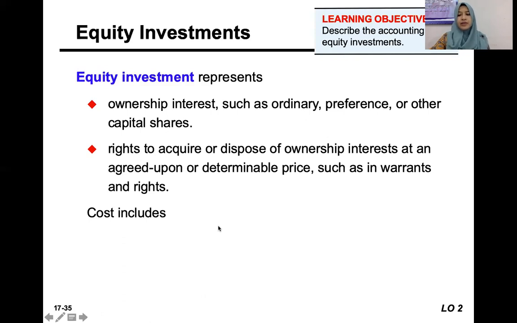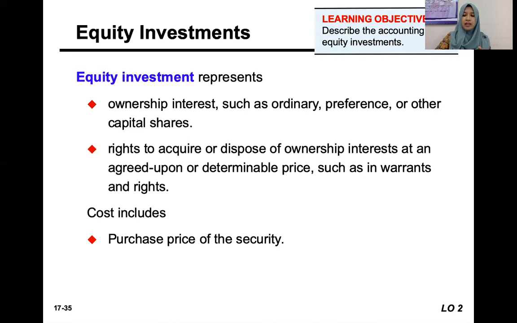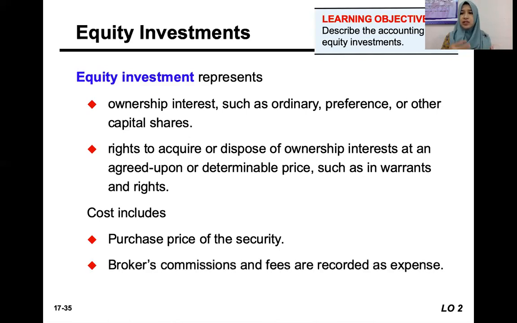So how do we determine the cost of equity investment? It's basically the purchase price of that equity investment itself. Unlike a fixed asset or intangible asset, where you include other costs needed to acquire the asset, equity investment shouldn't include any other fees needed when we purchase it.